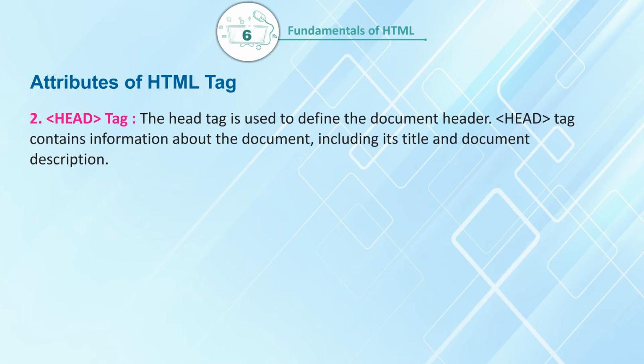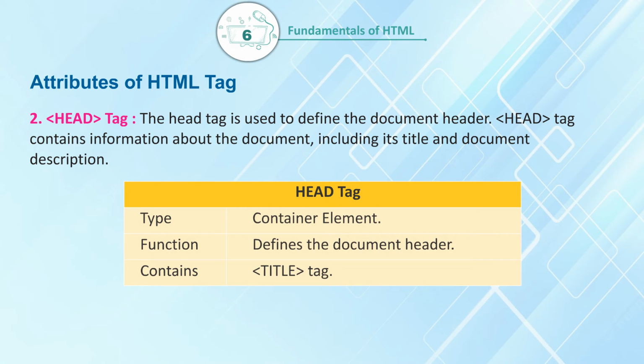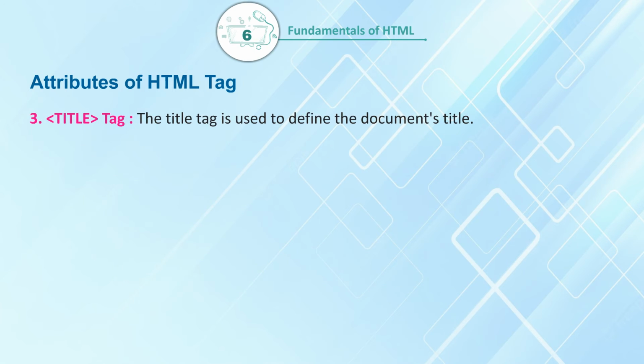Head tag. The head tag is used to define the document header. The head tag contains information about the document, including its title and document description. Head tag. Type: container element. Function: defines the document header. Contains: title tag. Title tag. The title tag is used to define the document's title.